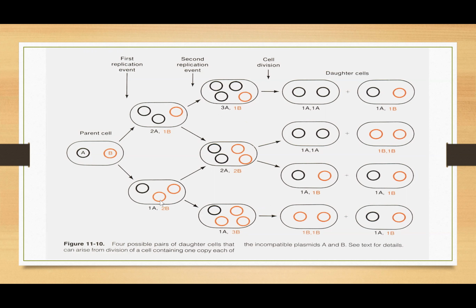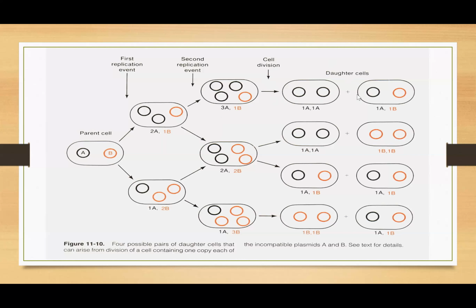Similarly, this cell, which has 2A, 2B in the beginning, when it undergoes a second replication to make 4 plasmids, is going to generate this one and this one, 3B, 1A. Now when this cell, which has now 4 plasmids, splits into 2, actual cell division takes place at this point, generating 2 daughter cells.